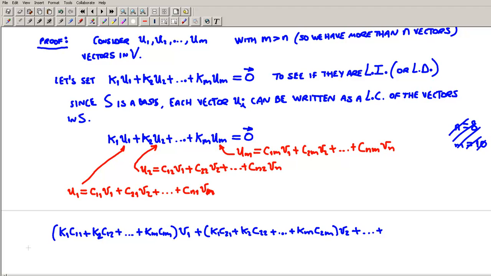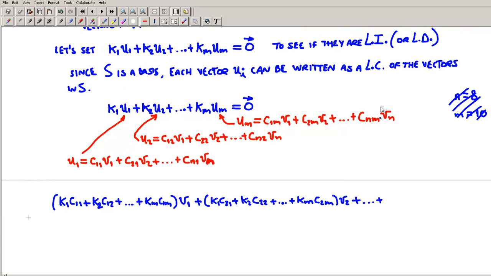So I collect all the coefficients until I reach the last vector in the basis, vn. So the coefficients for vn would be what? k1 again times cn1, and k2 times cn2. Finally, km times cnm. That's all those coefficients for vn.